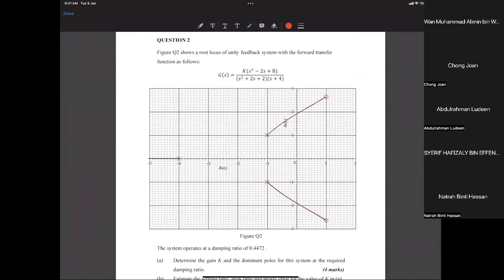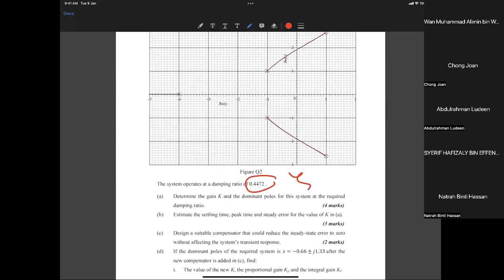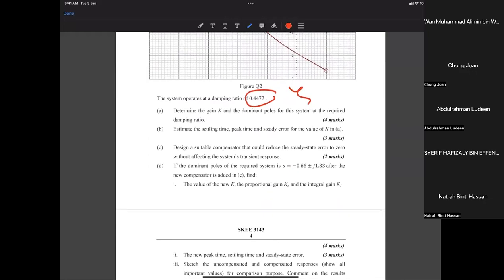Can you read question number 2? Figure Q2 shows a root locus of unity feedback system with the forward transfer function as follows, G(s). The system operates at a damping ratio of 0.4472. A. Determine the gain K and the dominant poles for this system at the required damping ratio. B. Estimate the settling time, peak time, and steady state error for the value of K in A. C. Design a suitable compensator that could reduce the steady state error to 0 without affecting the system transient response.